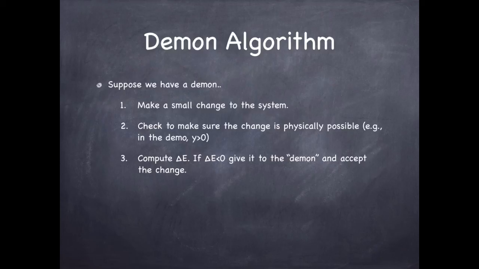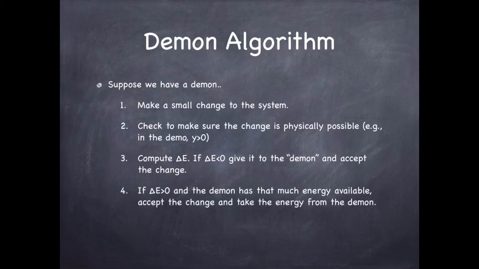Basically, if the change in the energy is negative, you take it no matter what. If the change in the energy is positive, then you have to verify that the Demon has that much energy. If the Demon has that much energy, then you take it from the Demon and you put it in the system. If the system loses energy, you give it to the Demon. So the Demon is the repository of energy in cases where the energy goes down due to your small change.